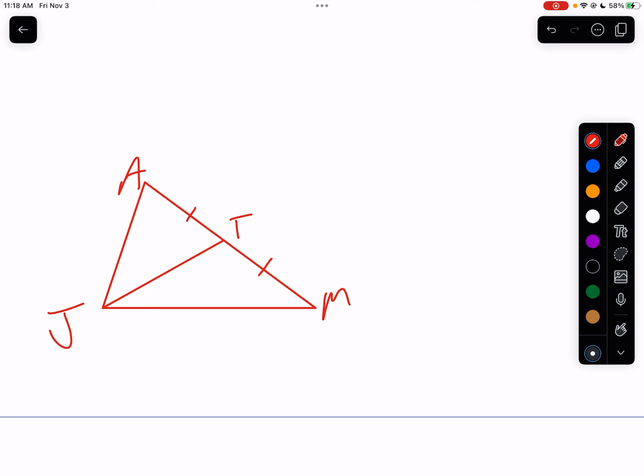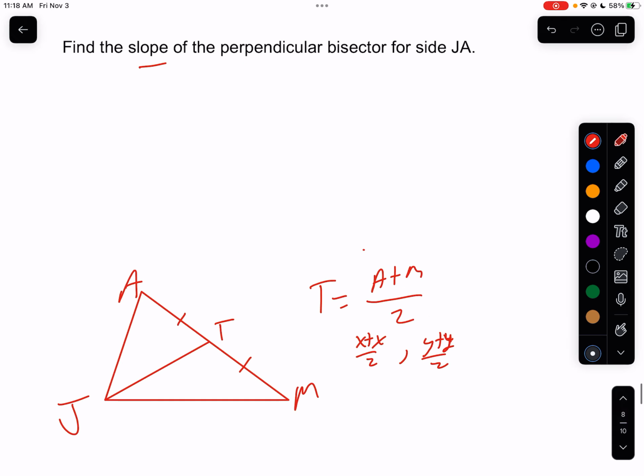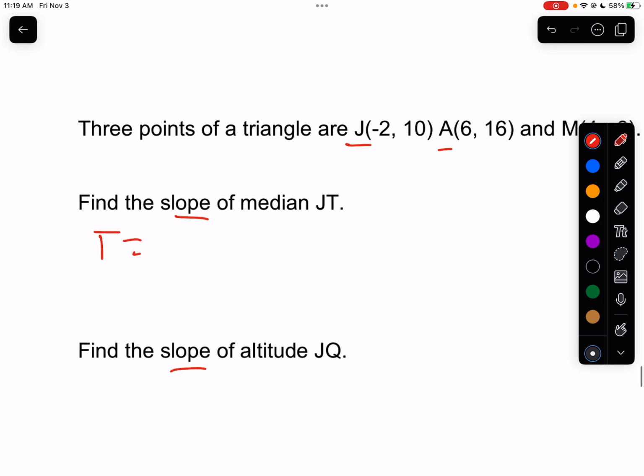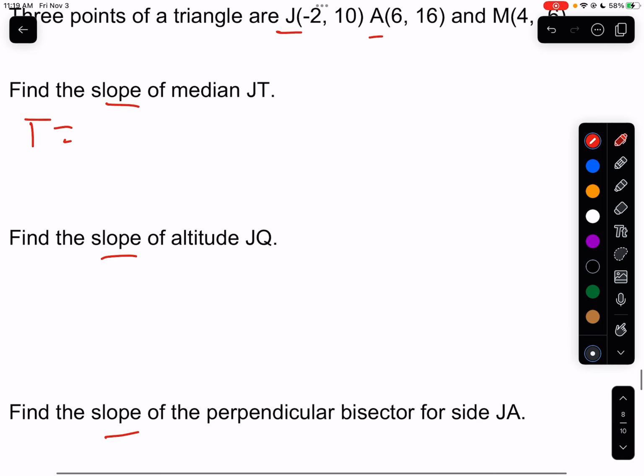How could I get the slope of this median JT? Well, I know the points J, A, and M. I can use those to get T. T is going to equal A plus M divided by 2. That is X plus X divided by 2, and Y plus Y divided by 2.